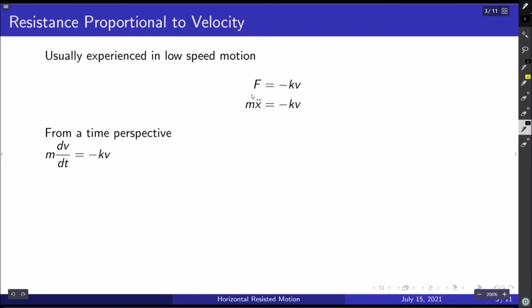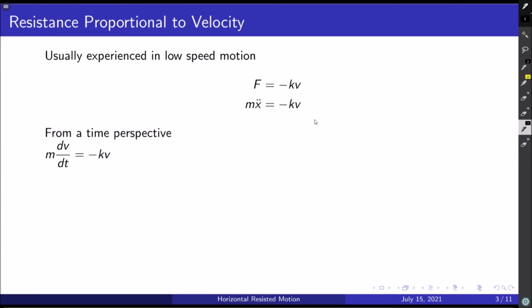And by Newton's second law, we can always express force as mass times acceleration. So m times x double dot equals negative k times v. That's what we're going to work with for the most part.